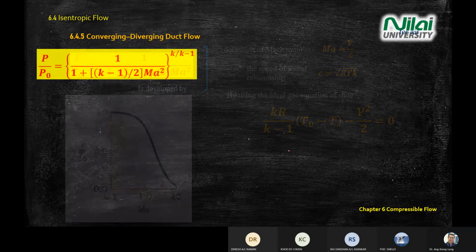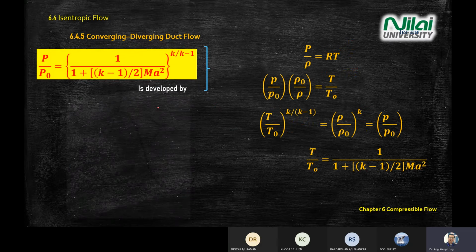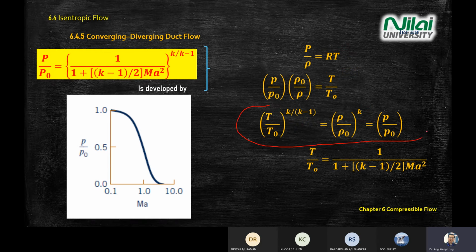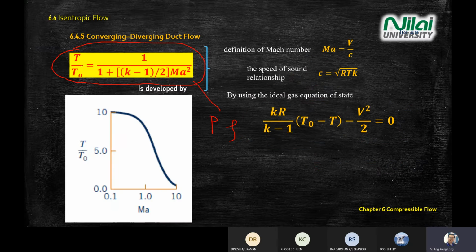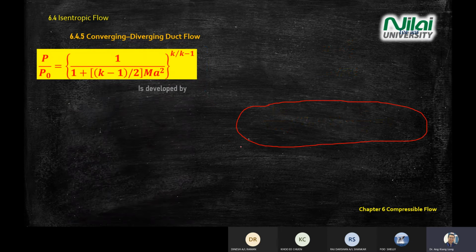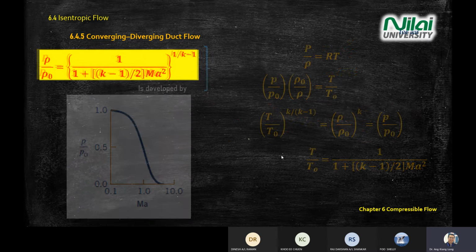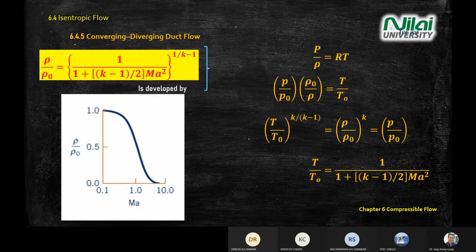This is the equation that I refer to. Use the T equation just now to form the P ratio and density ratio. The derivation steps are on the right hand side of my slides.